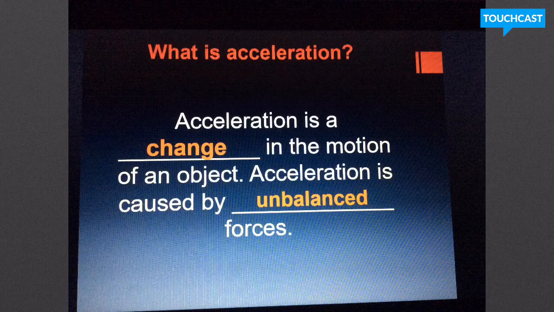Acceleration is a change in the motion of an object. Acceleration is caused by unbalanced forces. So those 4 things change the motion of an object, and the basic definition of acceleration is a change in the motion of an object.